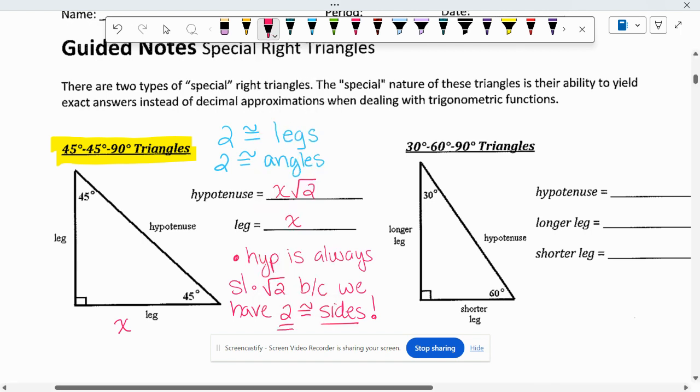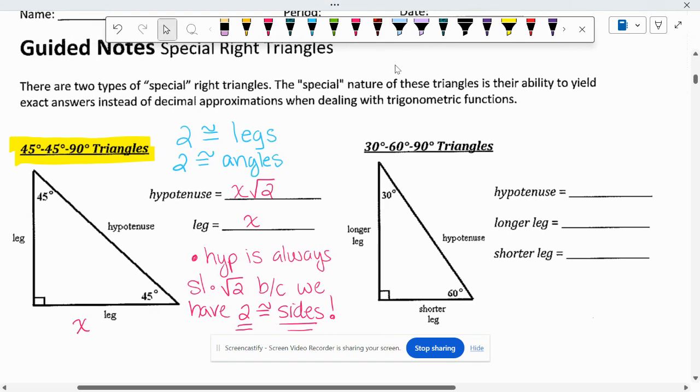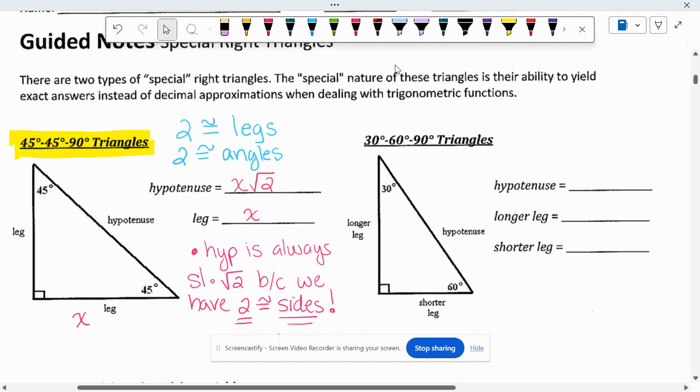That's why I know I'm using the square root of 2. Because it gets confusing. Like, is it a square root 2? You only have 2 measures here. One side's X, the other one has got a radical in it. The hypotenuse is the square root of 2 because it's not one of the 2 sides.